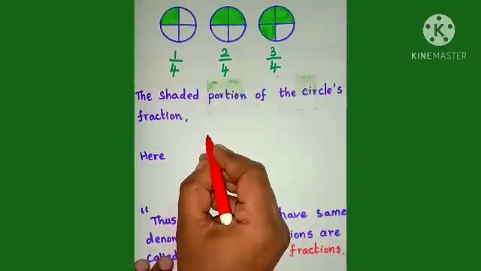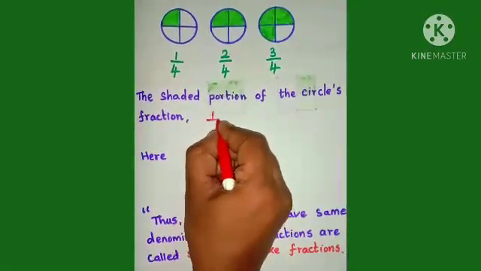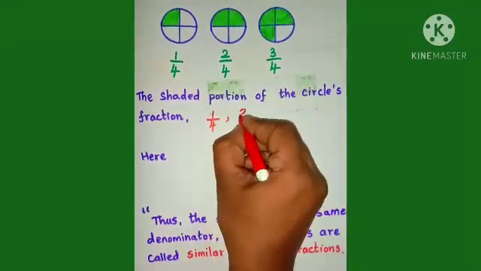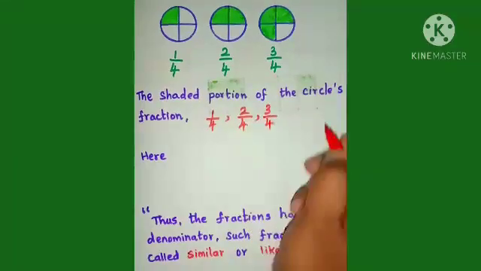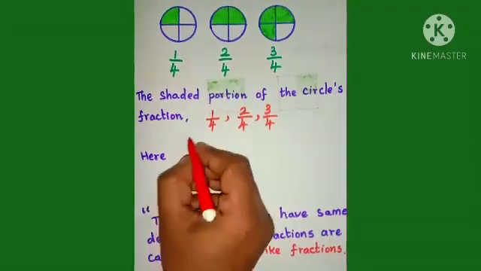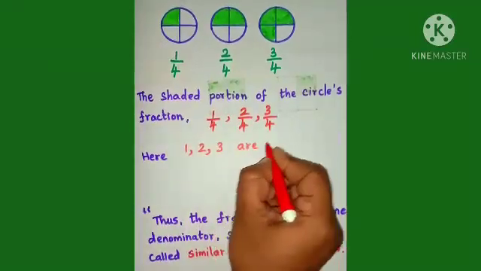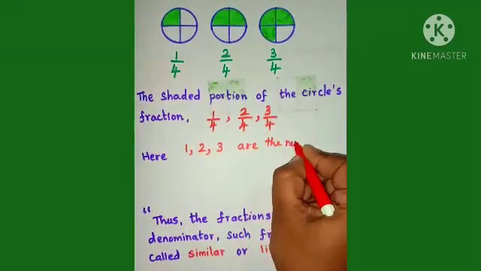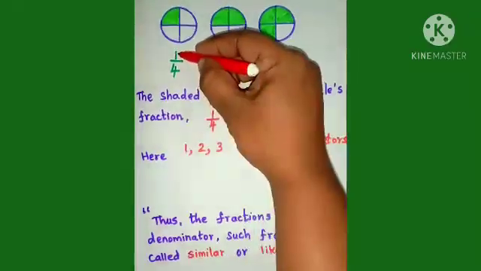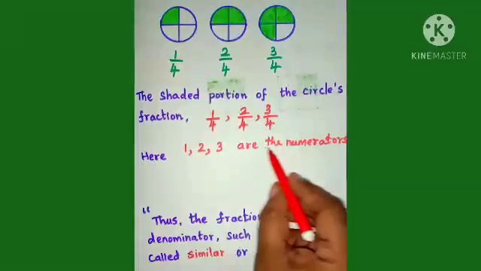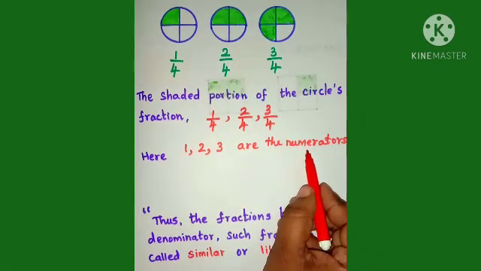Write down the shaded portion of the circle's fraction: 1 by 4, 2 by 4, and the third one is 3 by 4. Here 1, 2, 3 are the numerators, isn't it? The top number in the fraction is known as the numerator, which represents the number of parts in the whole.